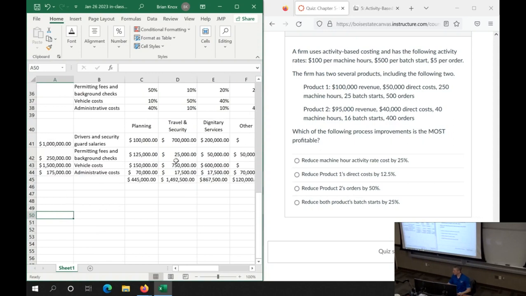So here we have, what is this? Just a firm. This is an ABM problem, activity-based management.